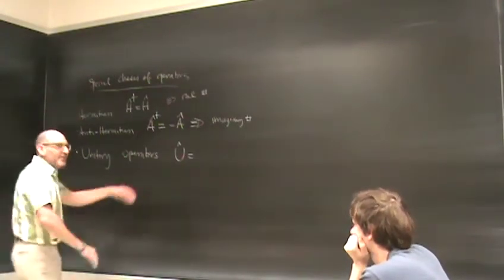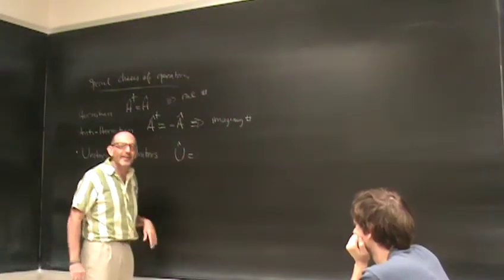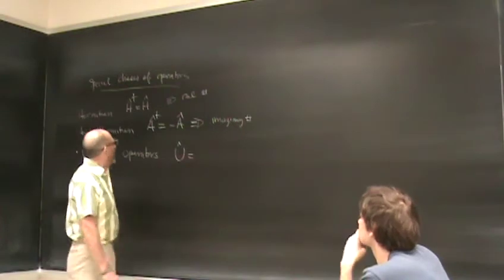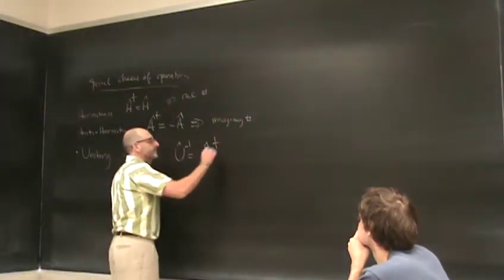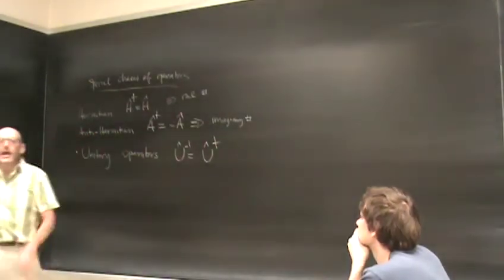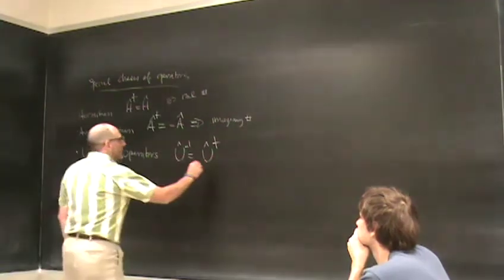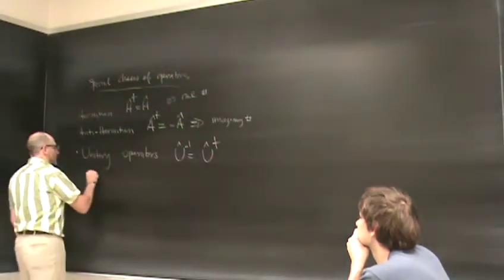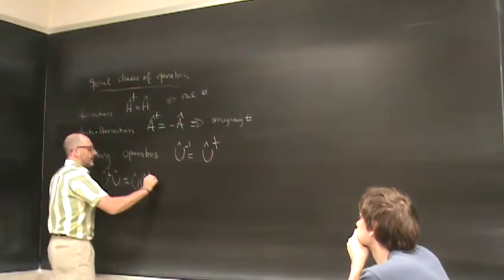We almost always call a unitary operator U. Sometimes we call it B, but generally we call it U. And a unitary operator is such that its inverse is its adjoint. That is to say, U dagger U is the identity.